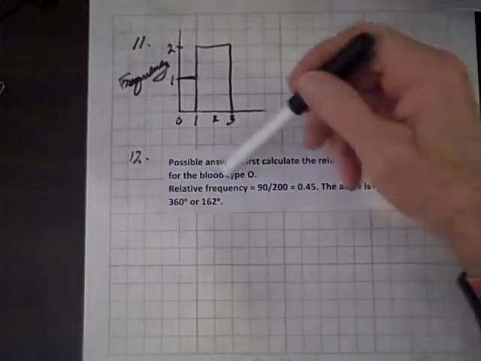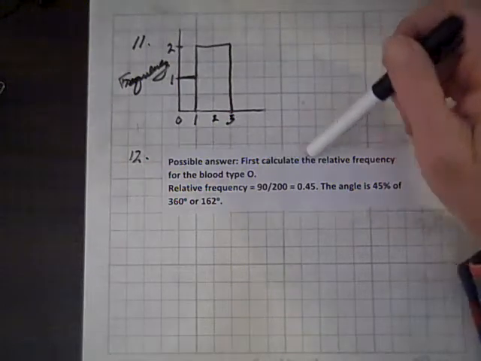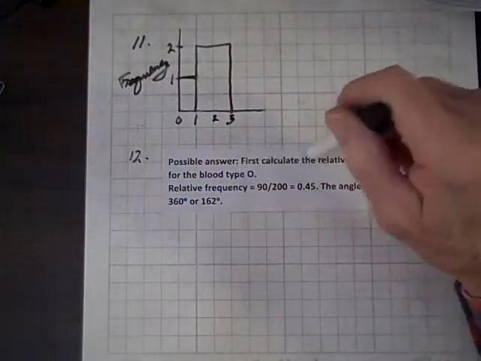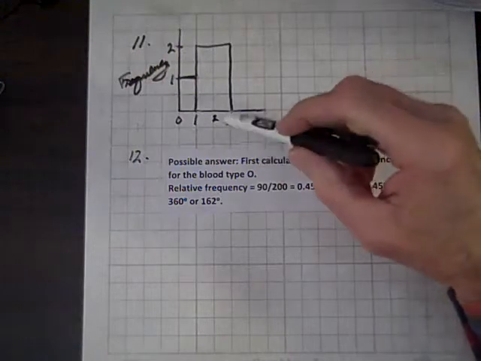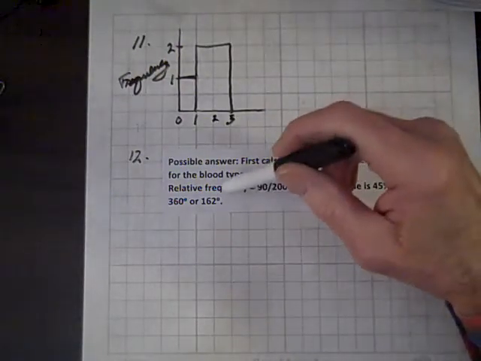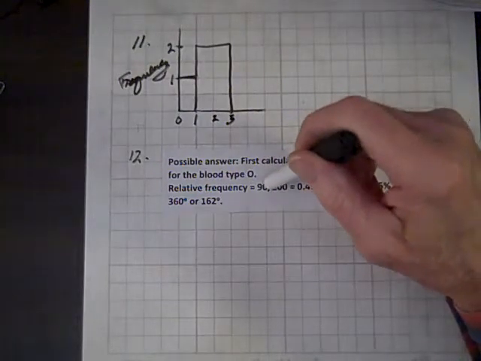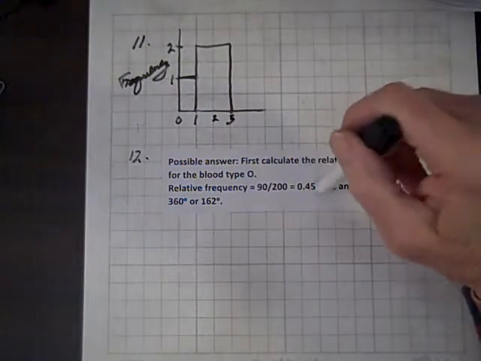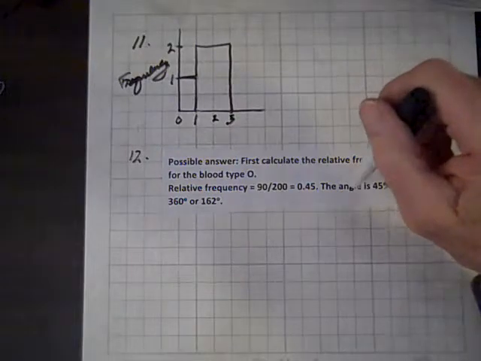Here's another answer. First, calculate the relative frequency for blood type O. And when we got that ratio, that's what we did. The relative frequency equals 90 over 200, which equals 0.45.